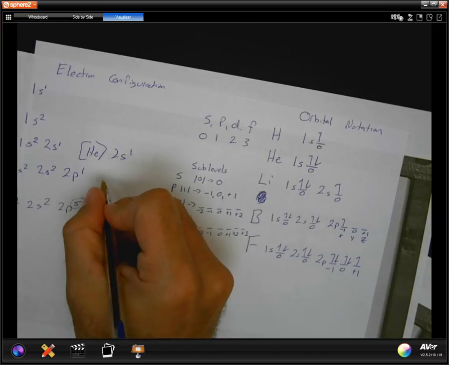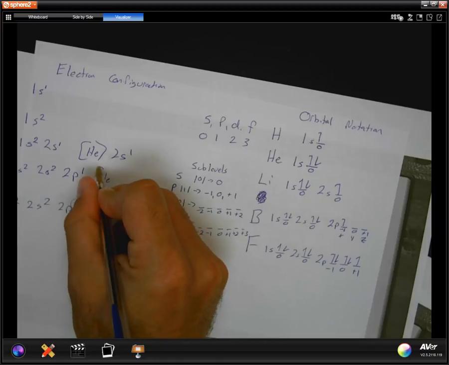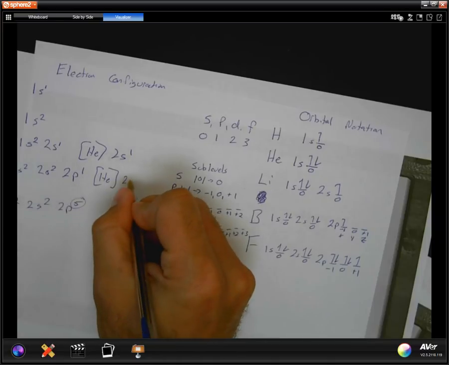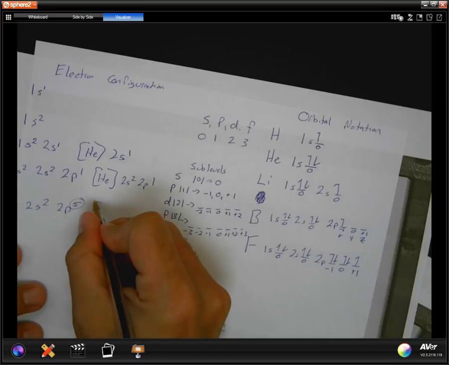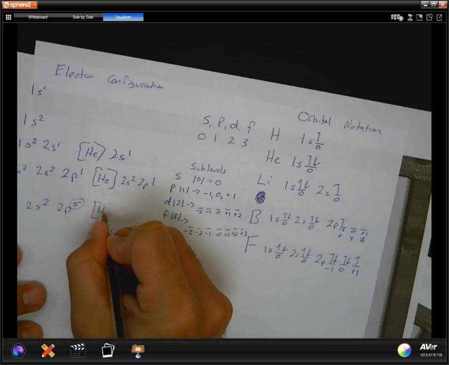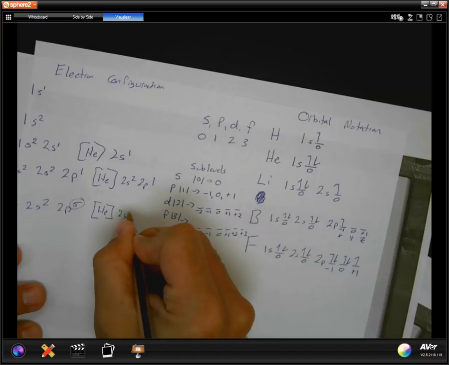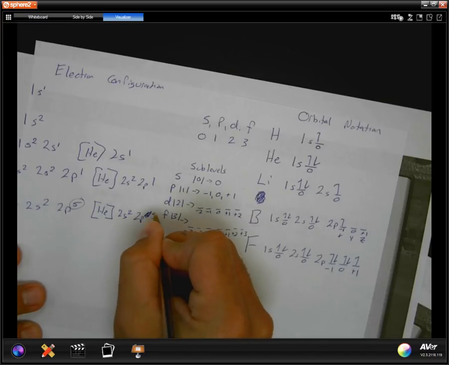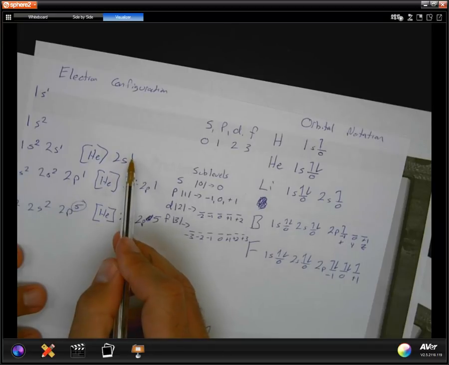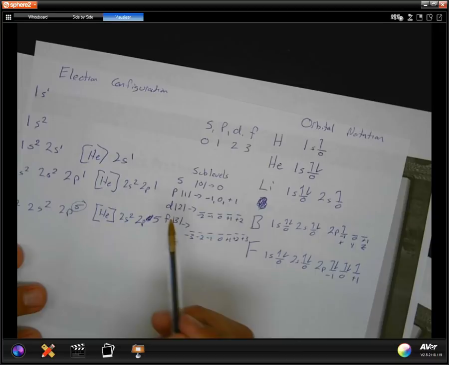If I want to write boron in the noble gas notation, it would be this. So the easy way to find out how many valence electrons there are in any given atom, sorry, it's a 5, is you just add up the individual electrons after your noble gas notation.